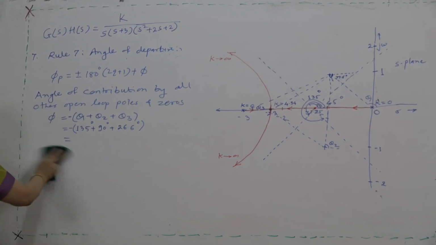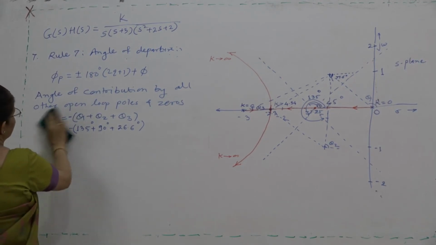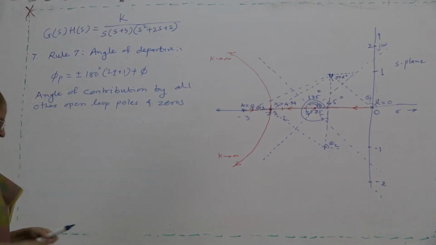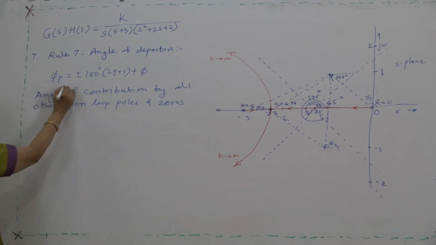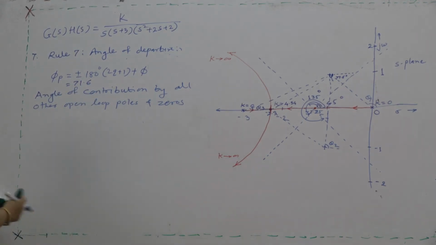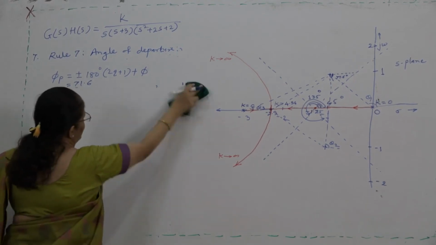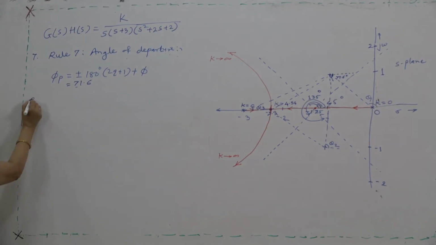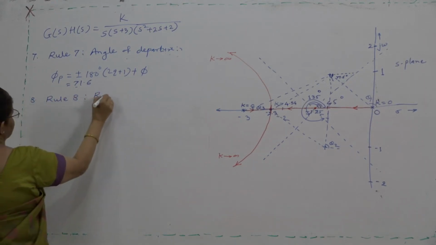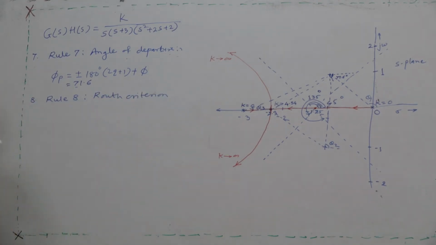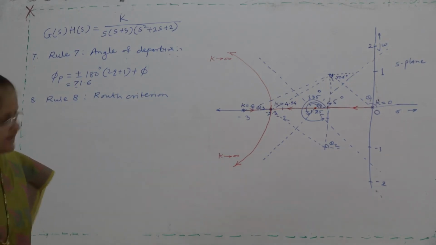Now, the next thing is that once you get the angle of departure, you have to find the point of intersection at the imaginary axis. How will you find it? The next rule, rule 8, is the Routh criterion to find it. Is it okay? So, what we get here is the angle of departure phi p is 71.6.